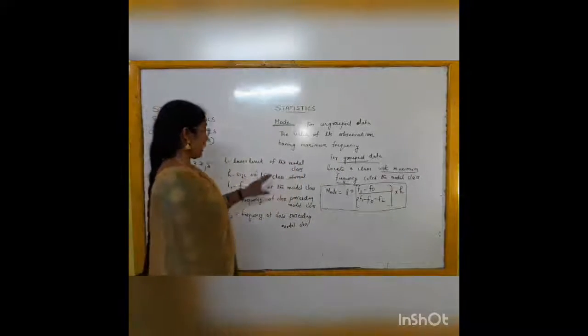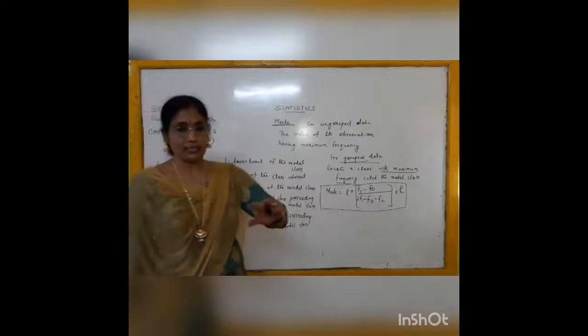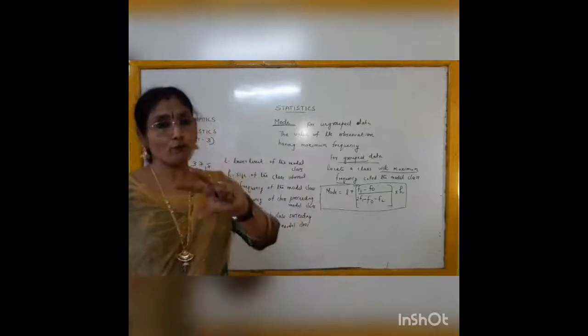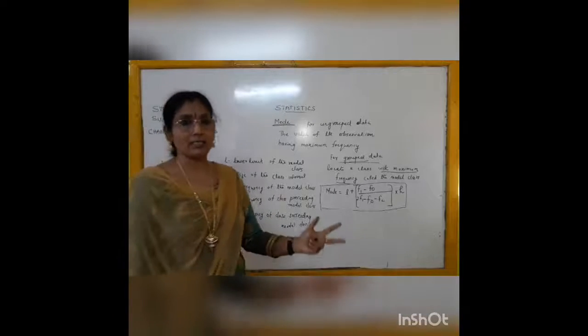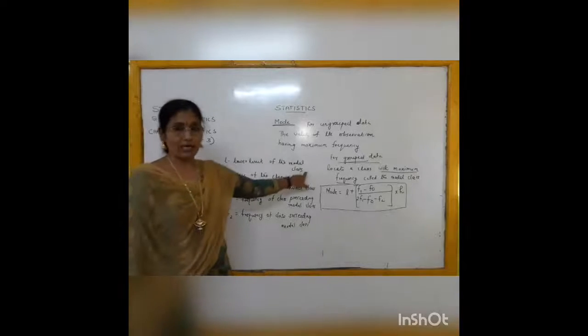Suppose the classes are 10 to 15, 15 to 20. The lower limit of the modal class is L.